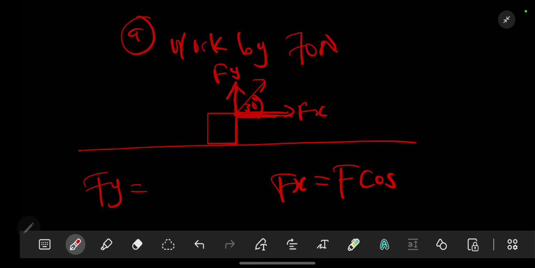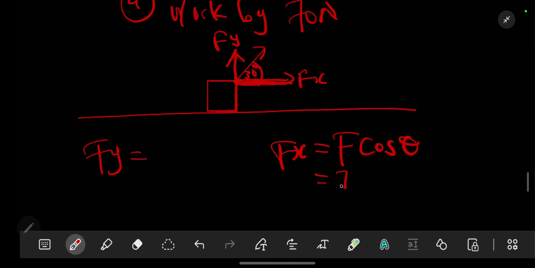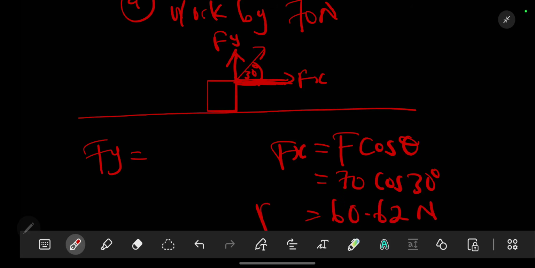As long as the base is in touch with the angle, it will be the cos of theta. So the force is 70 cosine of the angle, which is our 30 degrees. So we are going to say 70 cosine of 30. This gives us a value of 60.62, like that. So this is the force in the x.